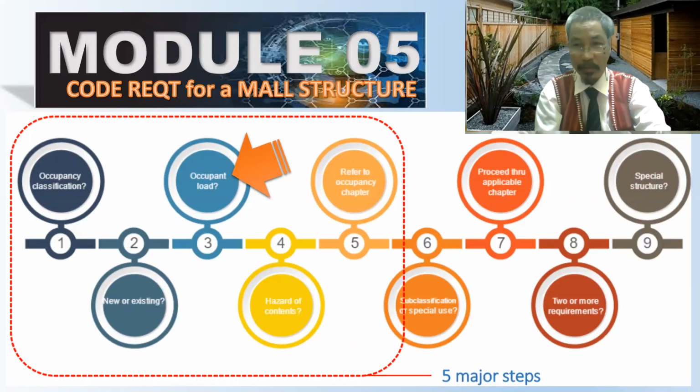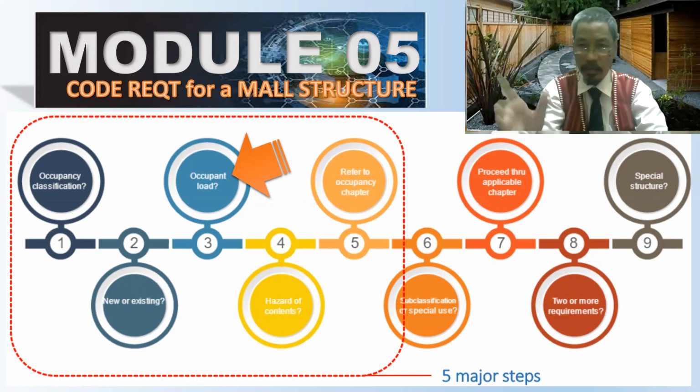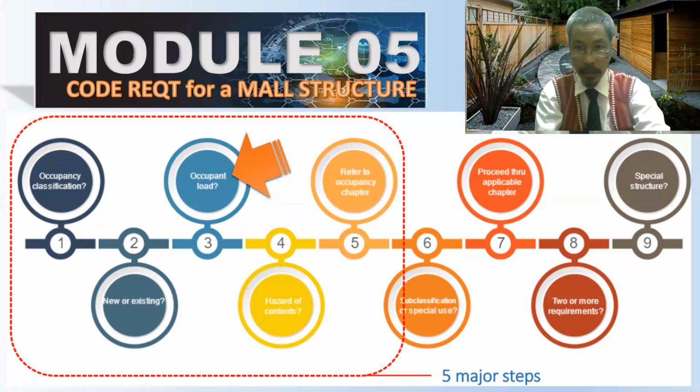Chapter 43 is a basic requirement, therefore it belongs to the core chapter of the code. So core chapter, occupancy chapters. Those are the two main groups in this code. So it is becoming clearer and clearer that chapter 43 belongs to the core group.